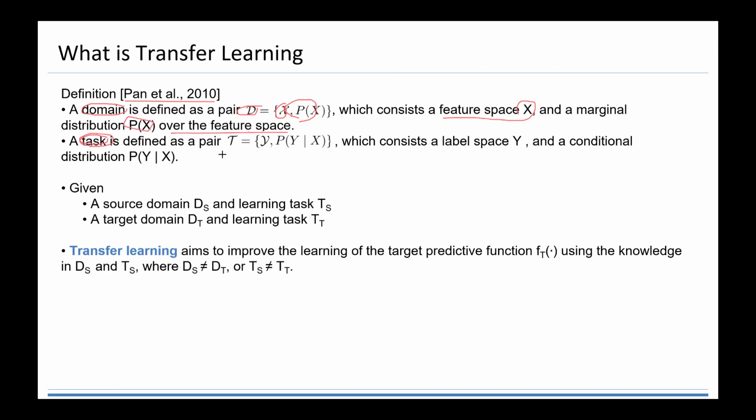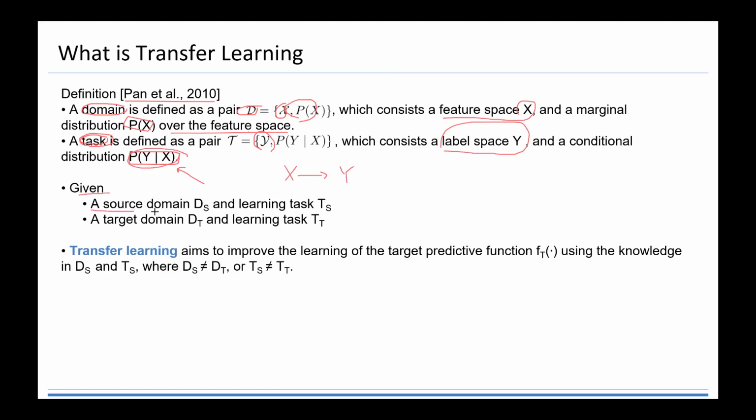Task means a pair of Y and P(Y|X), where Y is the label space and P(Y|X) is the conditional distribution. So we can say this is classification. I know what X is, the features, and I want to predict Y. This is from the Bayesian formula.